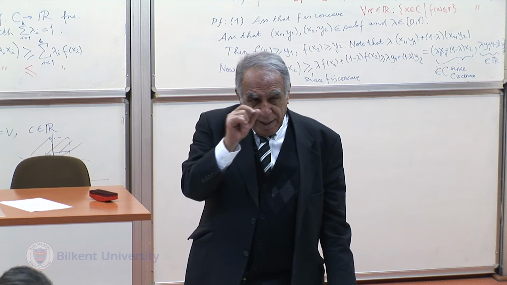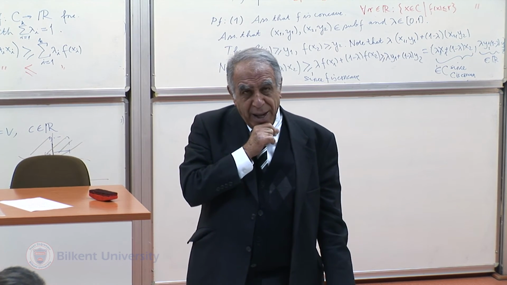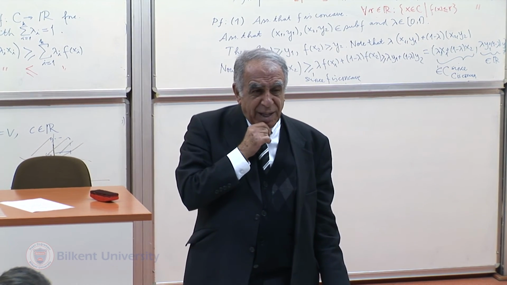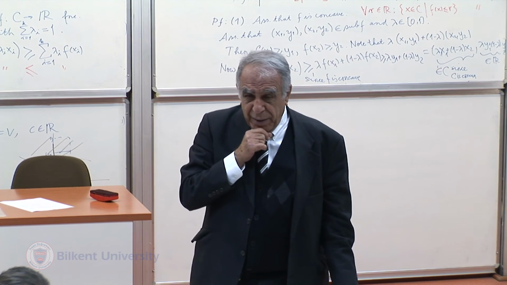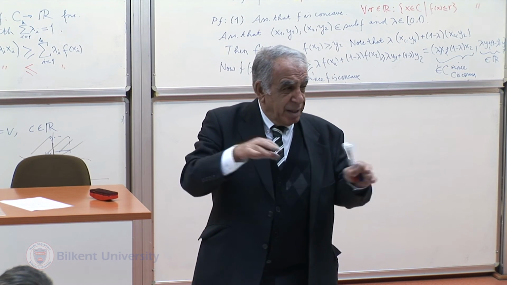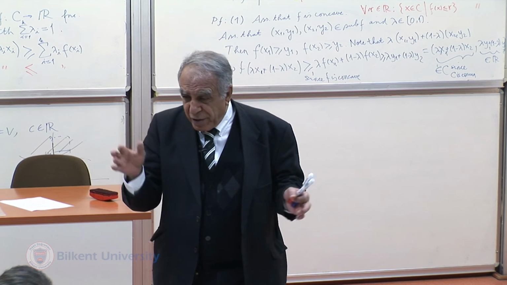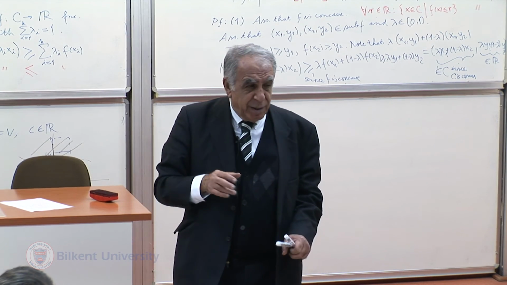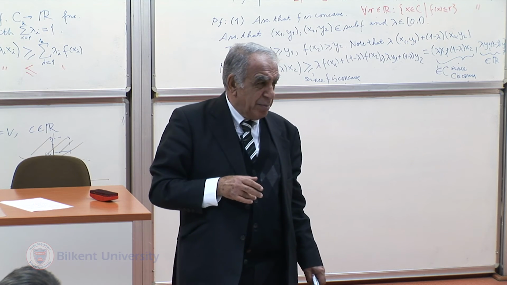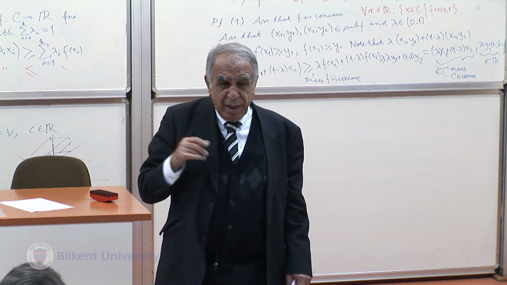Then that's attained at a unique point. Can we extend that to some larger class? Concave functions are rare. If you consider the space of all functions, they form a subclass of measure 0. They're rare, but can we extend that to something?